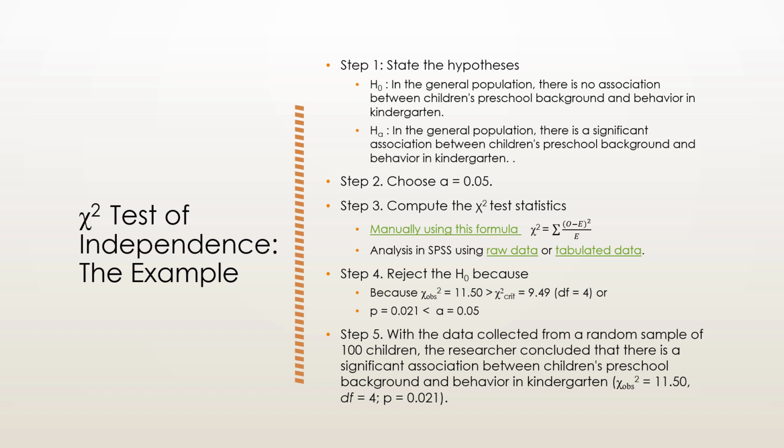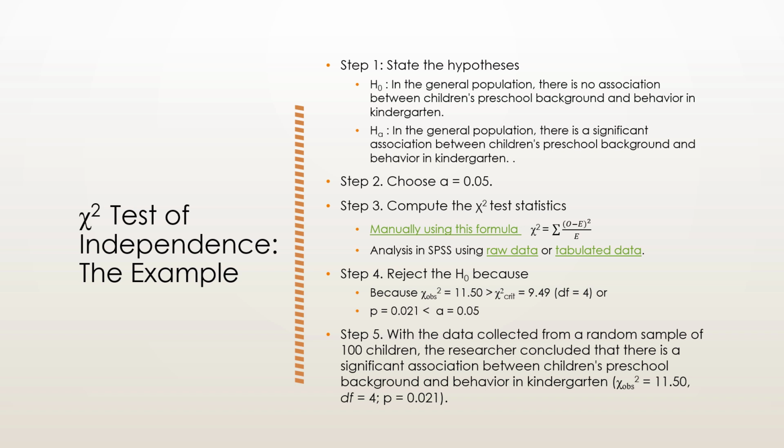We reject the null hypothesis and conclude that there is a significant association between children's preschool background and the behavior in kindergarten. Remember to check the residuals and evaluate which categories with large residuals contributed to the significant result.